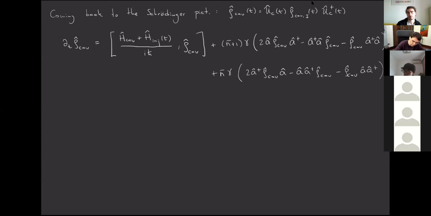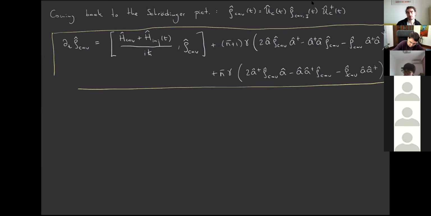Okay, so this is the final form of the evolution equation for the reduced state of the cavity, and this is known as the master equation.